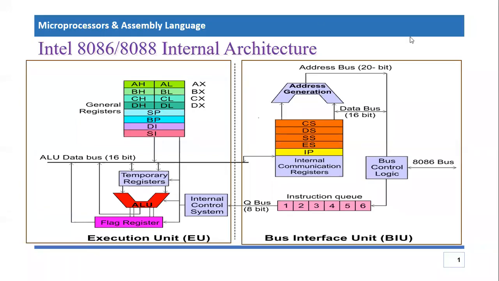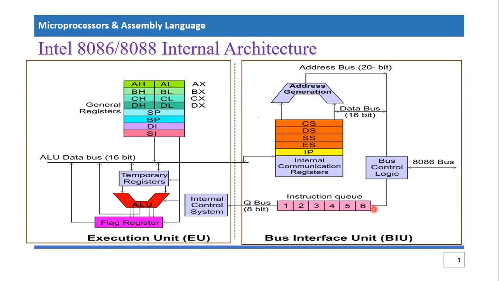First, let's discuss the main job of the execution unit and the main job of the bus interface unit. Like its name, the bus interface unit is an interfacing unit. It connects you with the outer world, meaning input output devices and memories which are connected to the microprocessor. The bus interface unit connects those outer units with the execution unit.